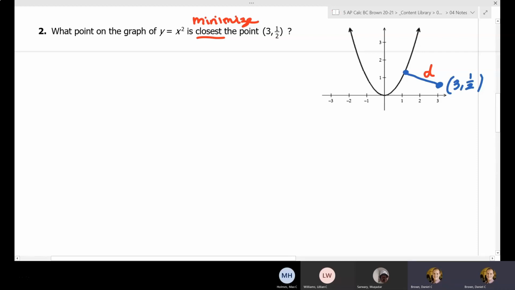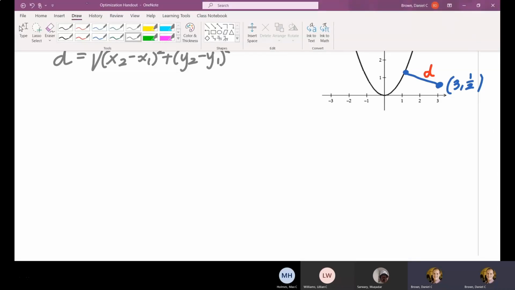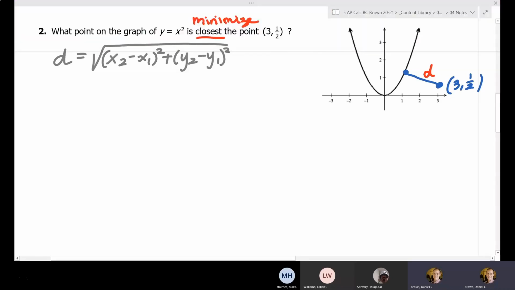It could be any point along the graph. Visually I know it's going to be somewhere located there. So my primary equation is going to be the distance formula, which we know. Here is the distance formula. But again, I really want to rewrite it to be in terms of this problem. So looking at it, what are we trying to find?